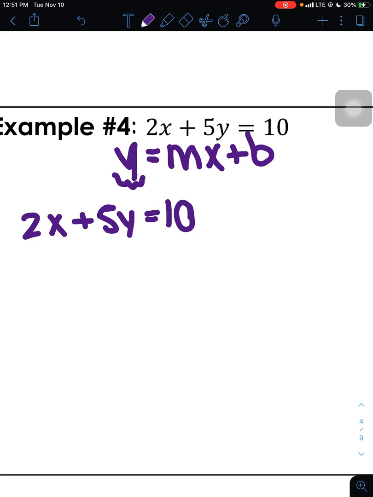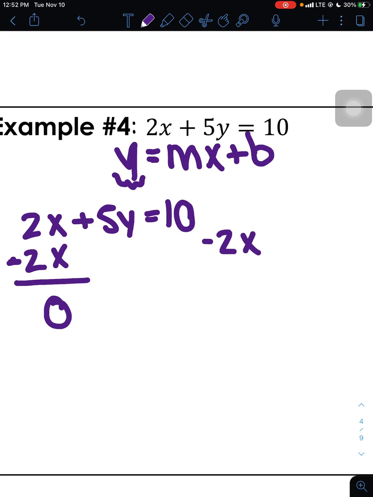I'm going to subtract 2x from both sides because I'm trying to isolate y. 2x minus 2x is 0 because they're additive inverses. So I have 0 plus 5y equals 10 minus 2x.